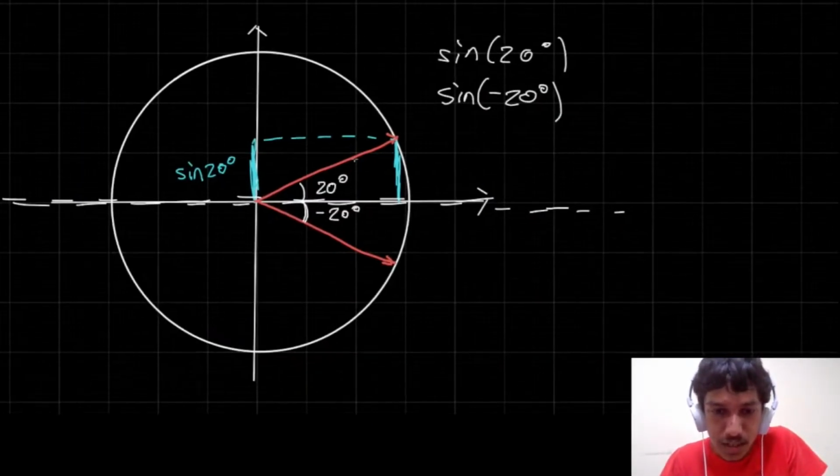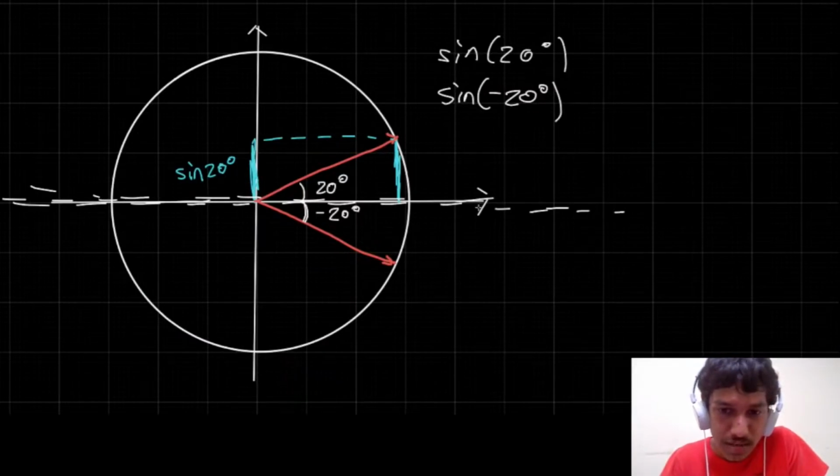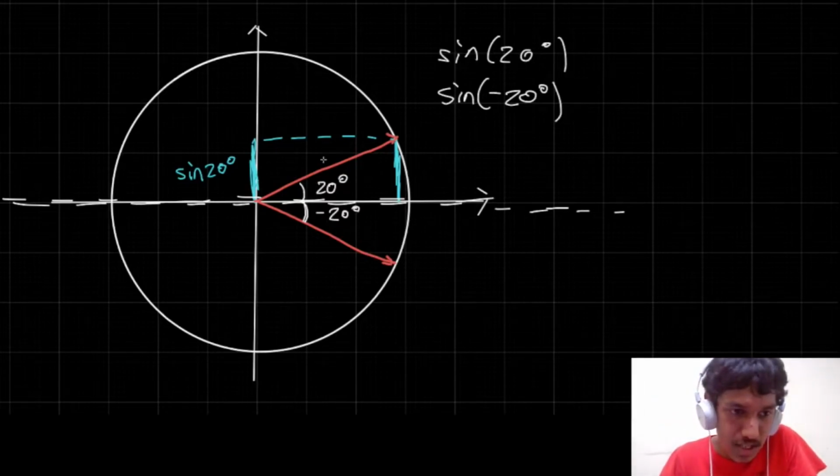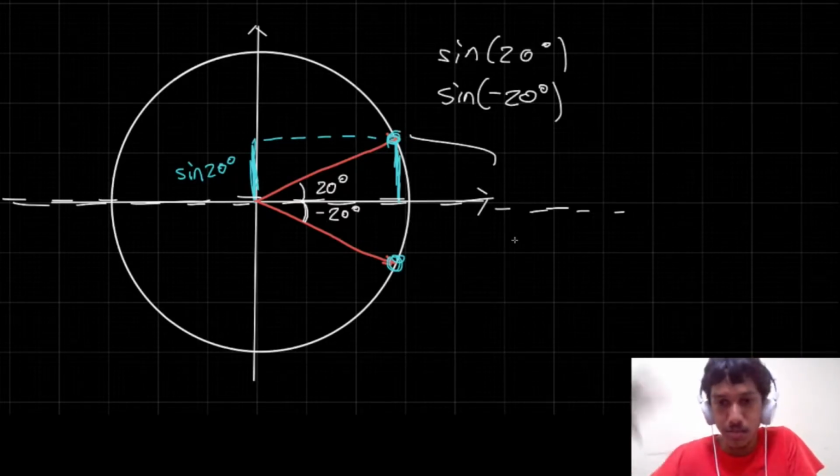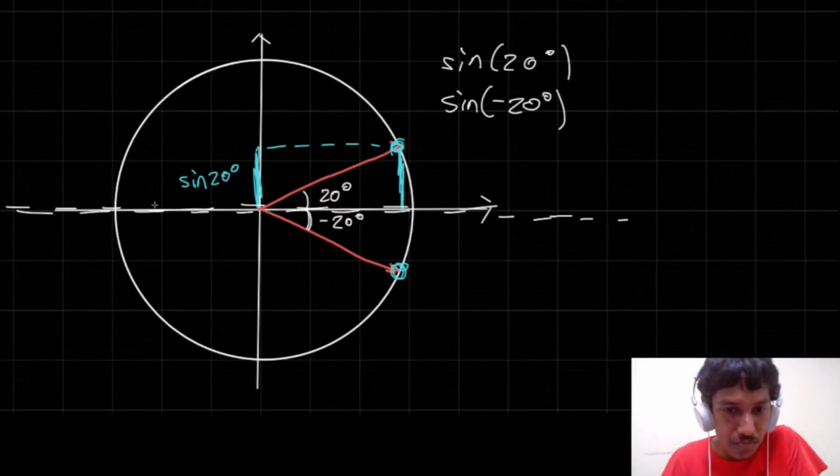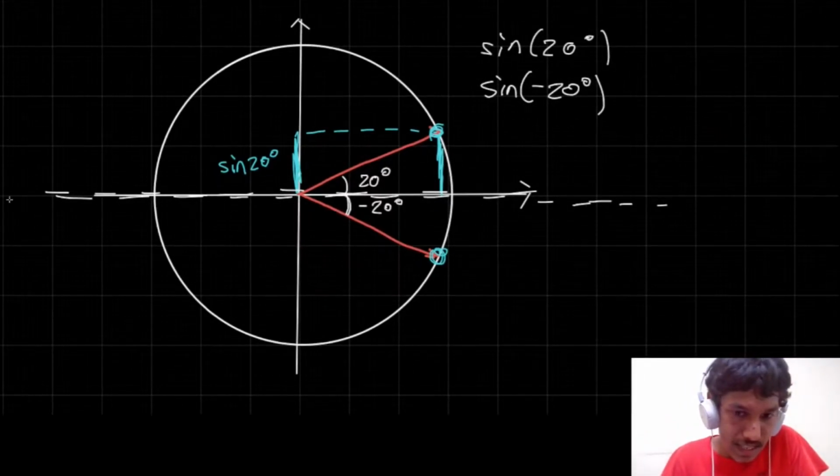But over here, the starting point is the positive x-axis, so you draw the line on the positive x-axis. Same deal: you reflect this top point across the dotted line, and you get the bottom point, and you reflect the bottom point, you get the top. So that means that this sine coordinate is sine minus 20.